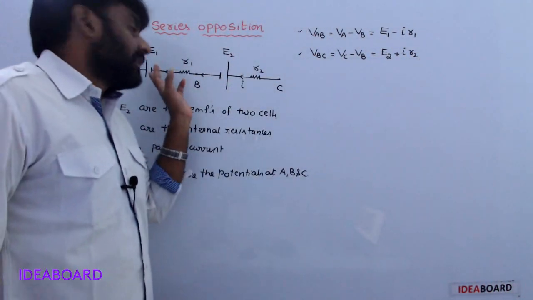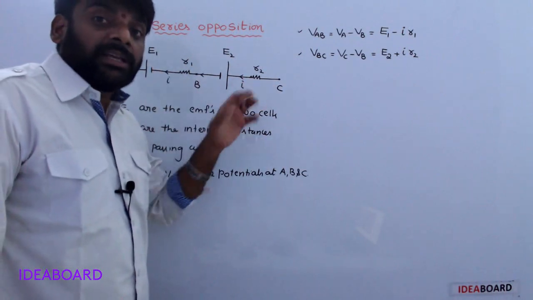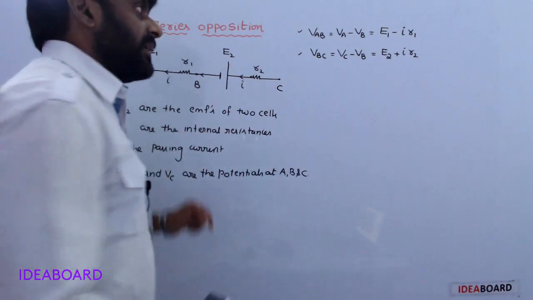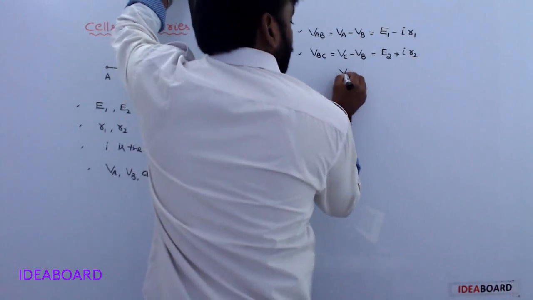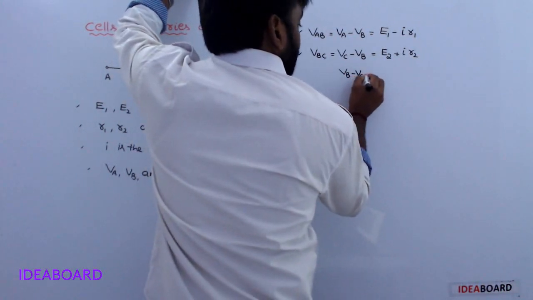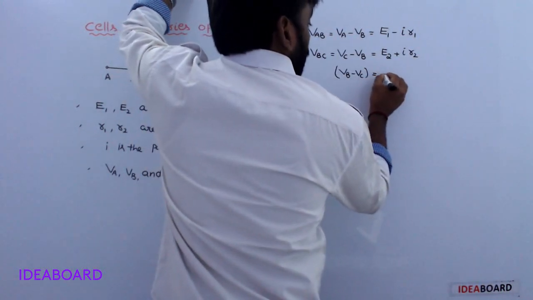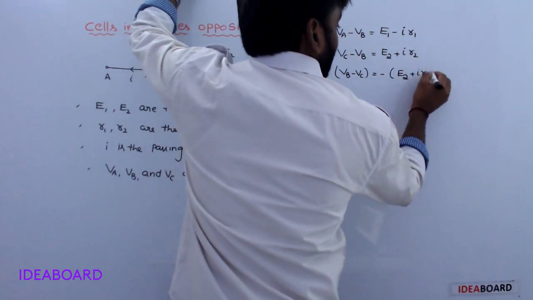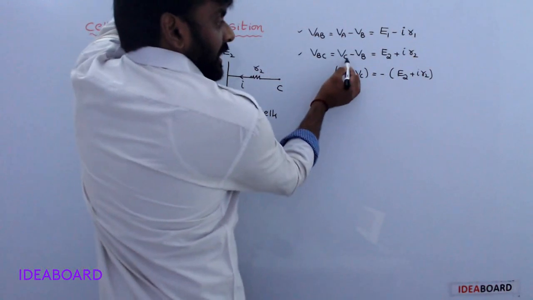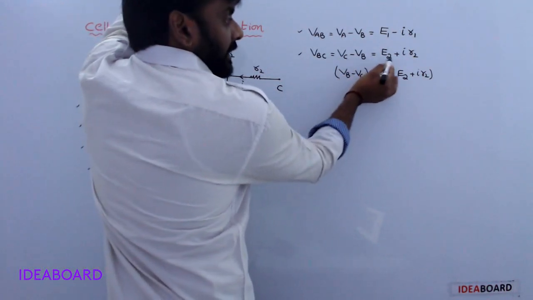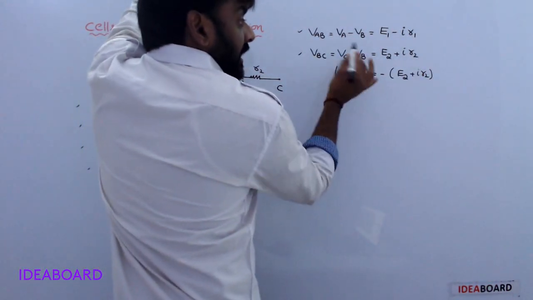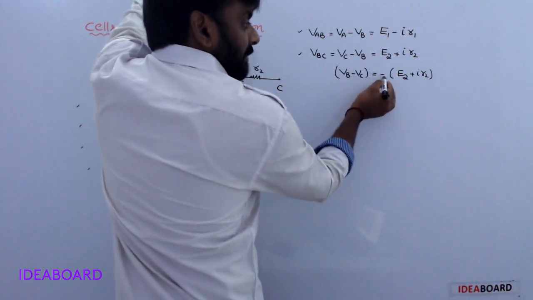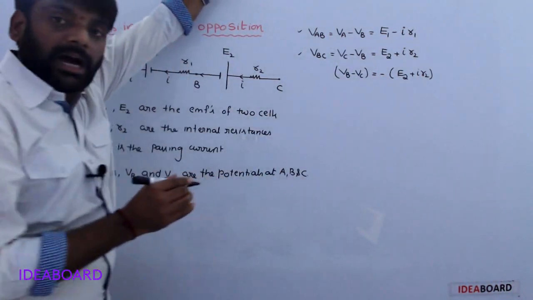One is a discharging cell, another one is a charging cell. Understood? So Vb minus Vc is equal to minus of E2 plus I R2.